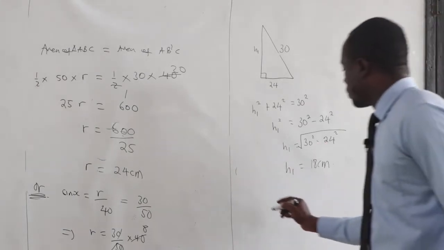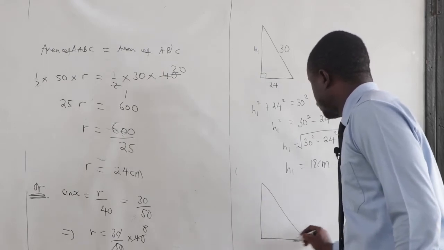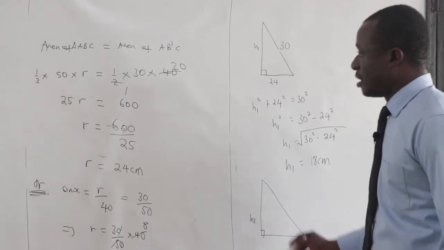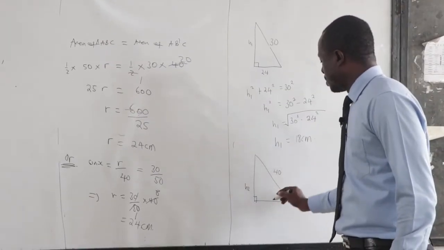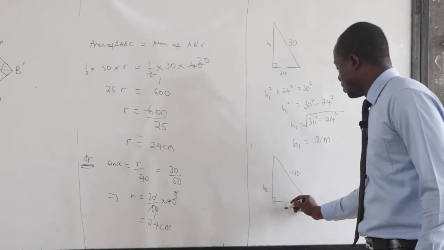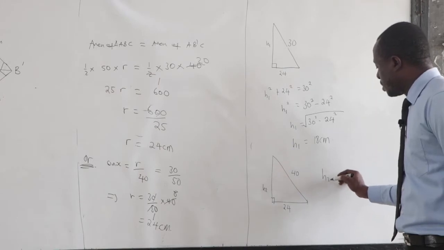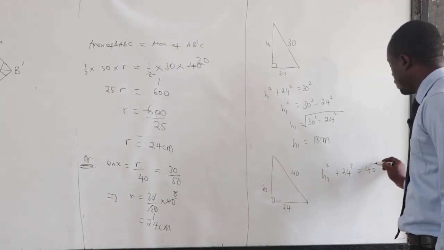Let's also see the second one. Now the second one, we can consider the second right angle triangle. This is H2. Now the hypotenuse, this one is 40, the radius is 24. So applying the Pythagoras theorem, H2 square plus 24 square equal to 40 square.